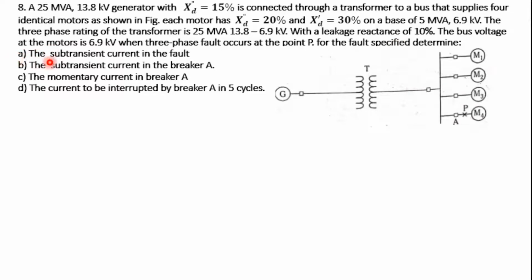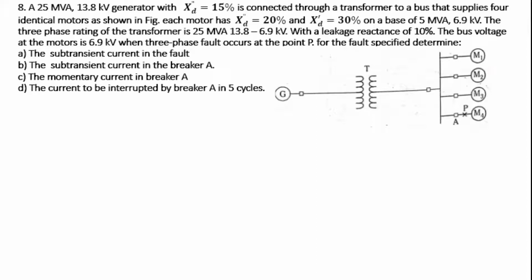First, the subtransient current in the fault. Next, the subtransient current in breaker A. Then the momentary current in breaker A, and the current to be interrupted by breaker A in 5 cycles.